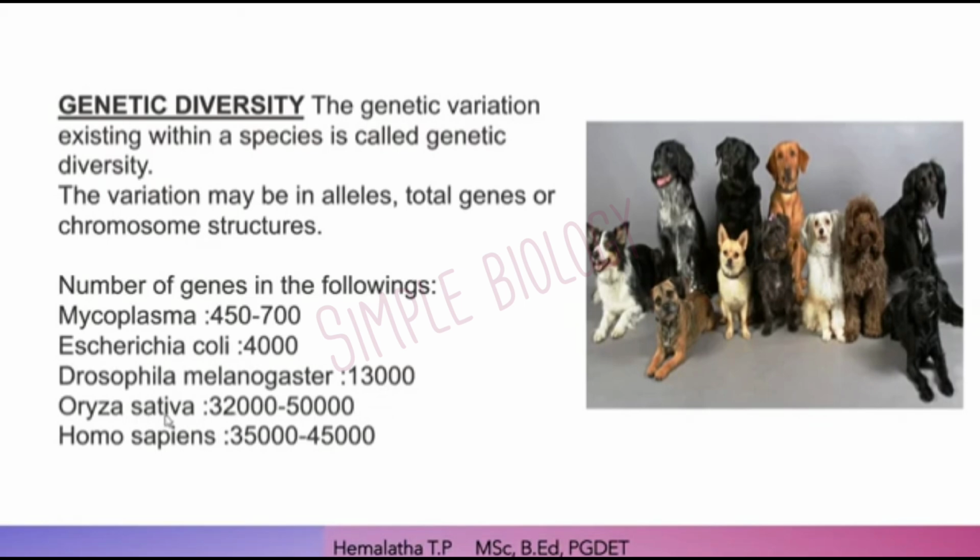Oryza sativa, the rice plant, has 32,000 to 50,000 genes. And human beings, Homo sapiens, have around 35,000 to 45,000 genes. These genes present in the organism are responsible for the genetic variation among organisms.